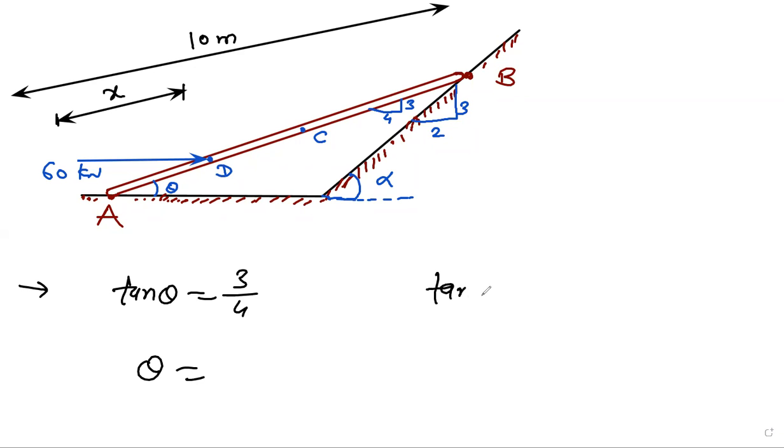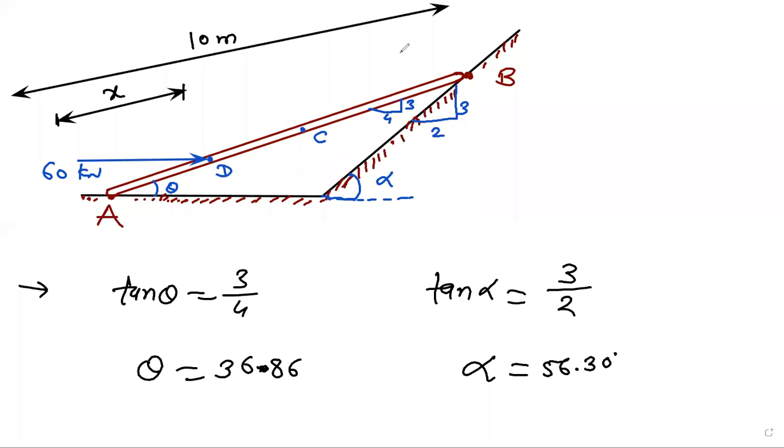Then tan alpha is equal to 3/2. Find alpha. Theta is 36.86, and alpha is 56.30. So these two angles, theta and alpha, are known. Now we will draw the free body diagram of the bar.